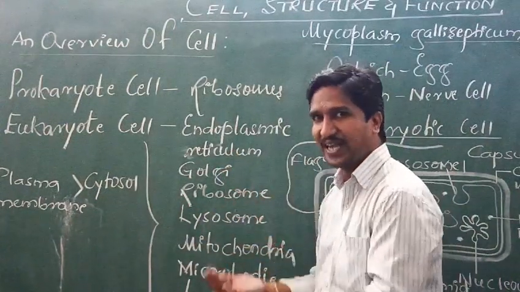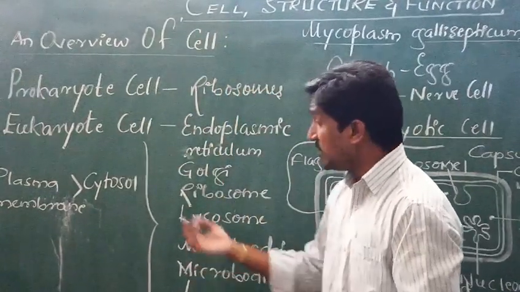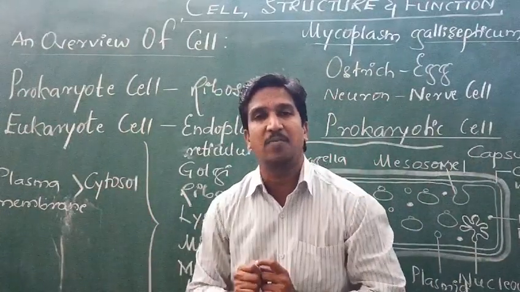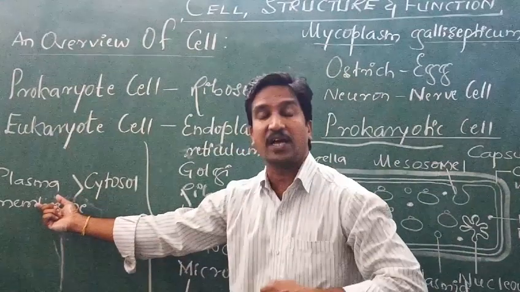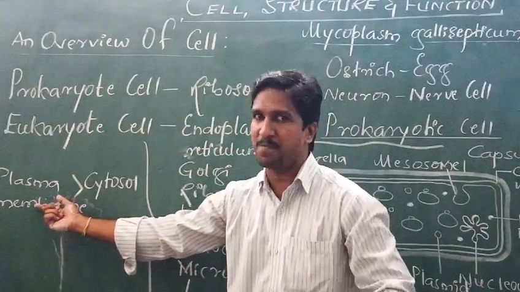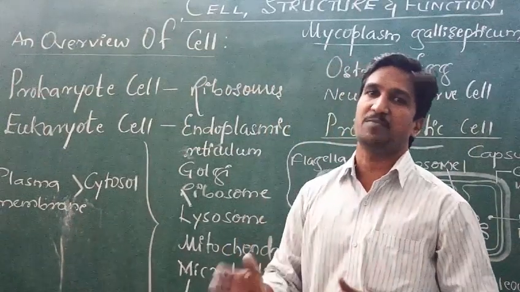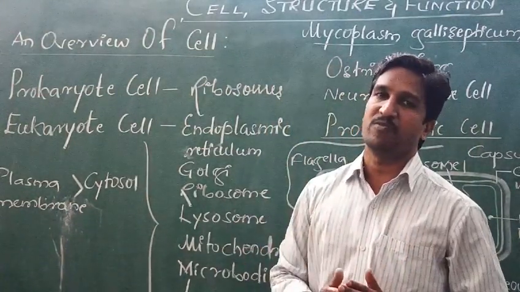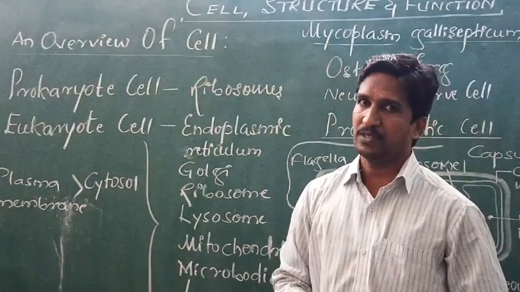How we have to study that is now under cell structure and function. This cytosol is covered by an outer envelope called the cell membrane, also called the plasma membrane. These are common to all cells, be it plant cell, animal cell or fungal cell. Apart from that, one more envelope will be there, the cell wall, which we will learn later.